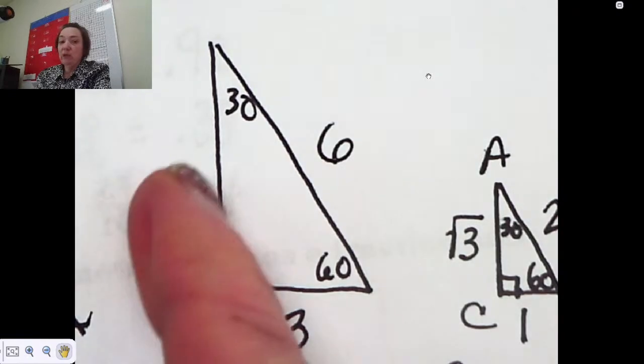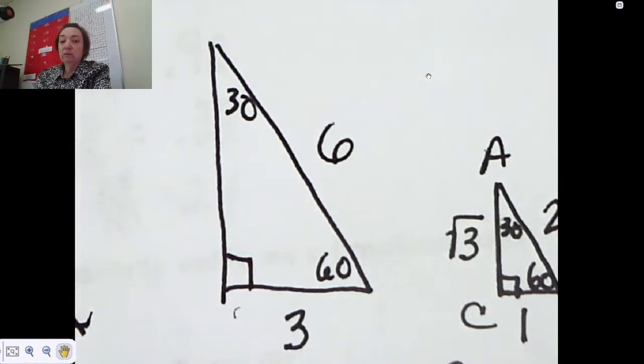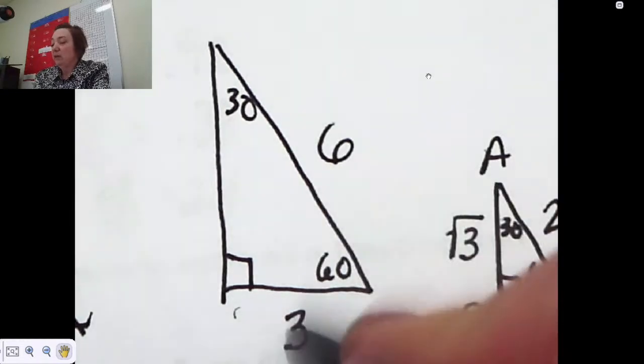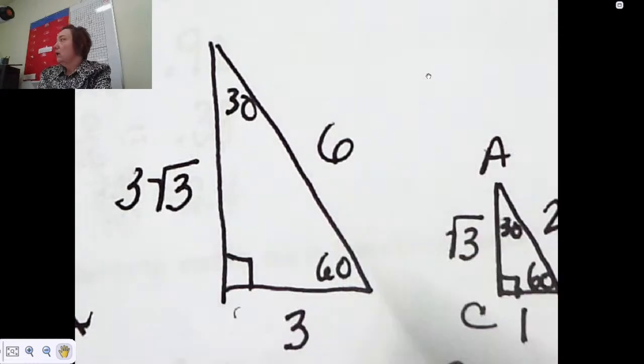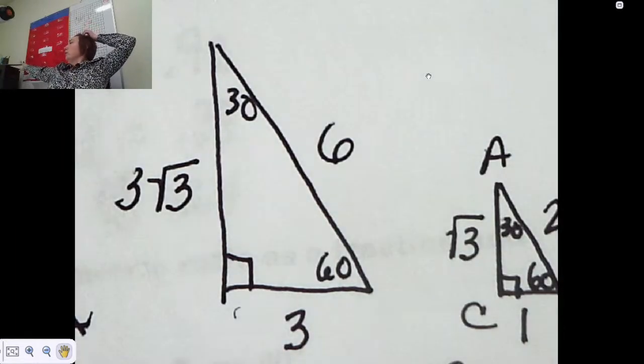How long is this side over here? Remember 1, 2, square root of 3, right? We're just going to leave it as 3 square roots of 3 for right now because it'll be easier to use. Because it's the short side times the square root of 3, right? We learned that last week or this week.